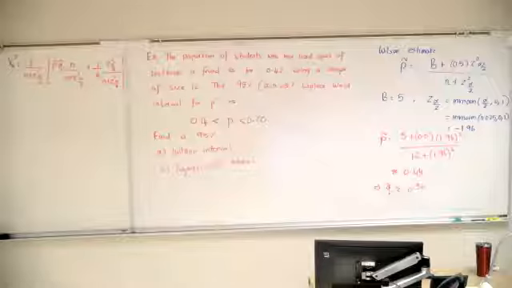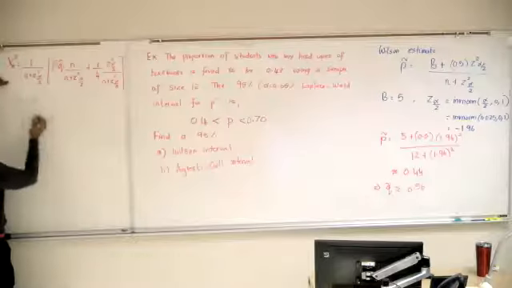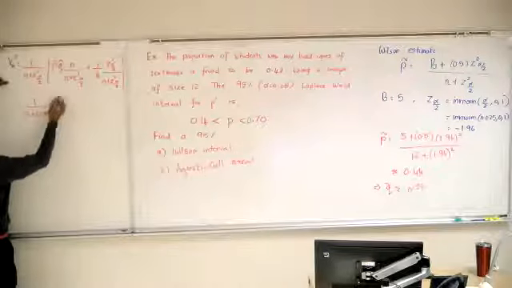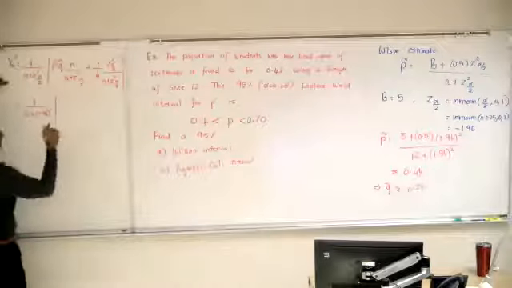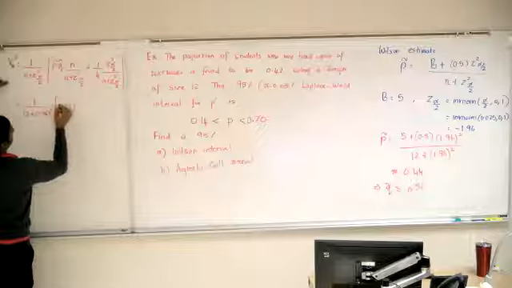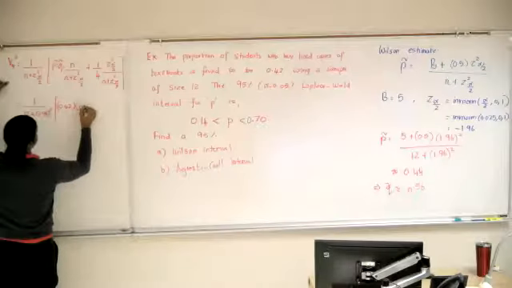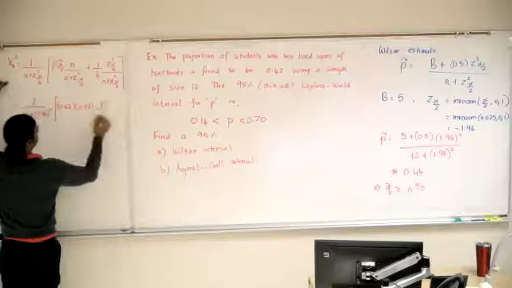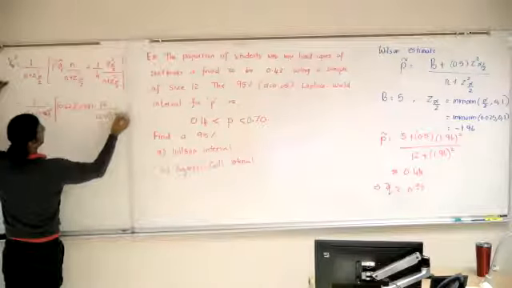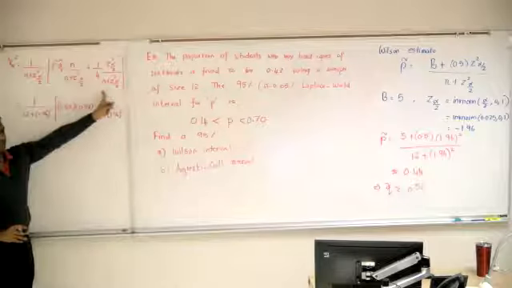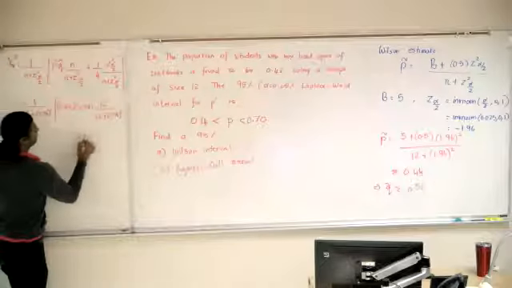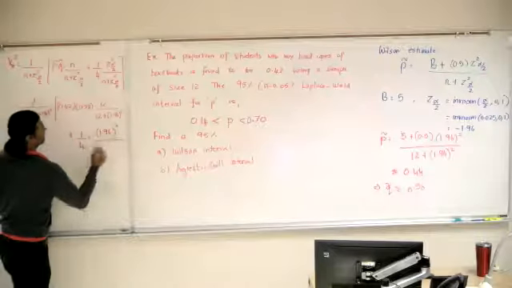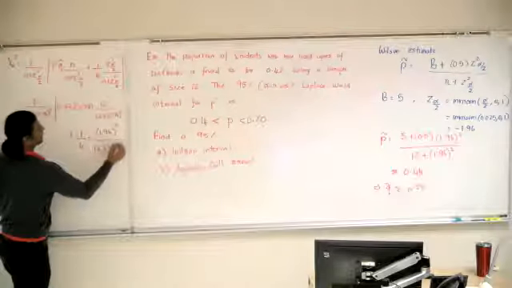Correct? So we will have 1 over 12 plus 1.96 squared. P hat is 0.42, Q hat is 0.58 multiplied by n, 12 over 12 plus 1.96 squared. Second term, 1/4 multiplied by 1.96 squared divided by 12 plus 1.96 squared.